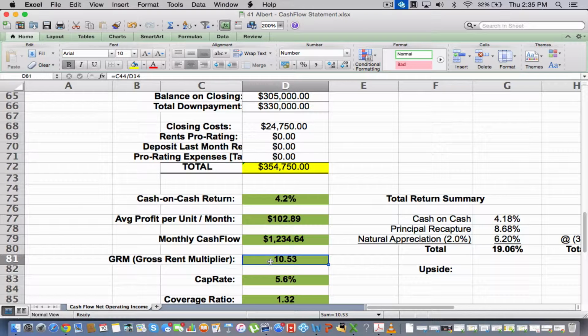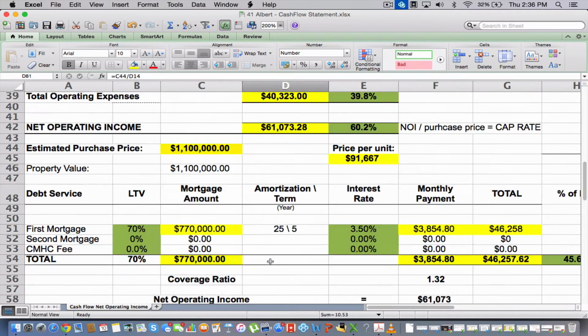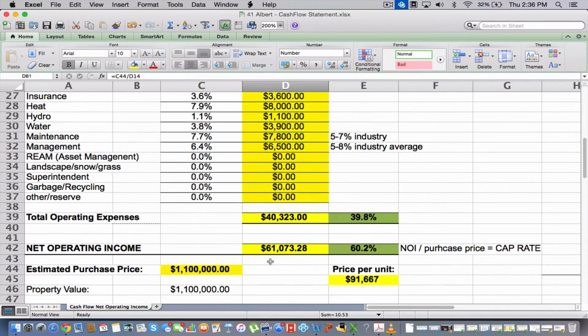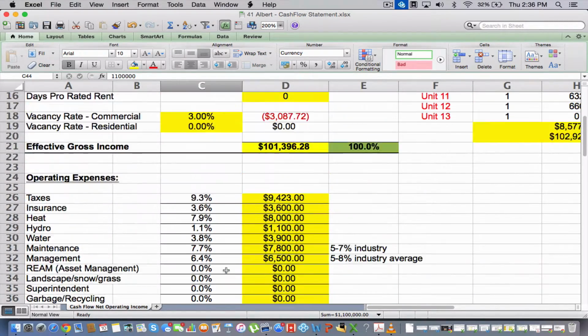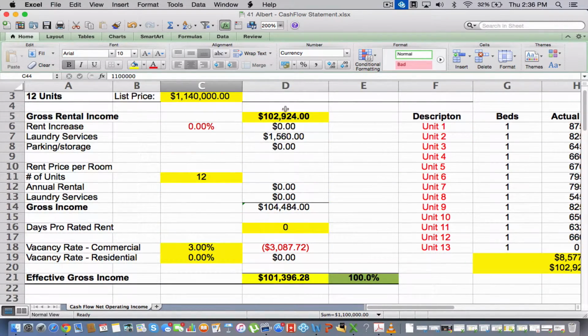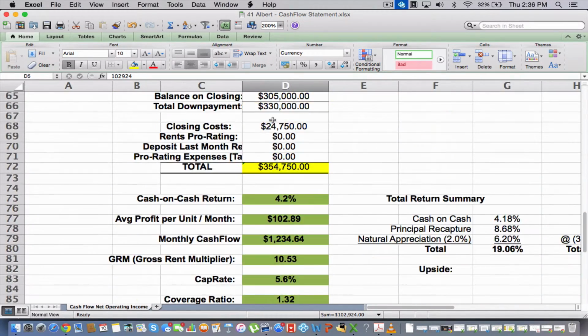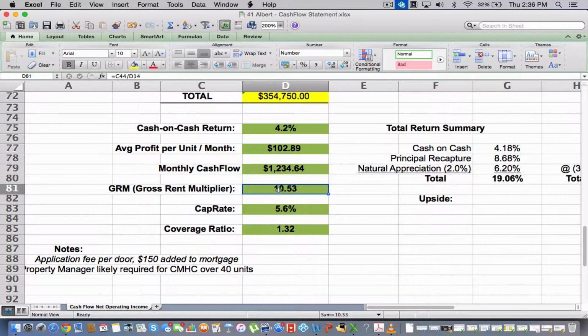This is calculated by taking the estimated purchase price and dividing it by the gross rental income. Okay, really, this doesn't tell you if the property is good or bad. What it is really is just an indicator.